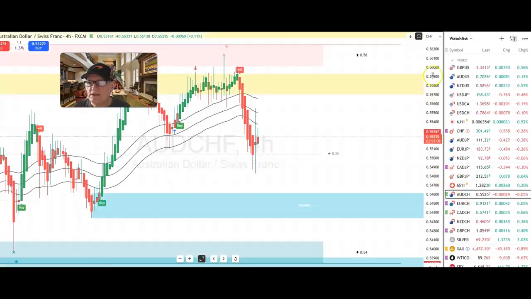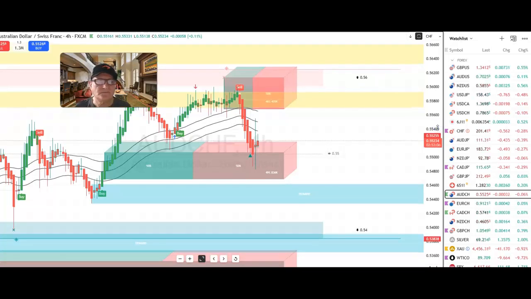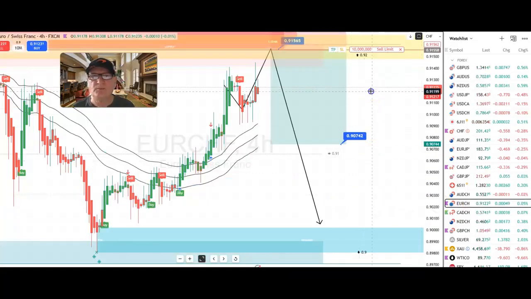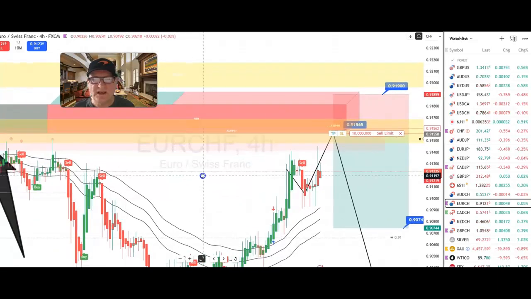Flicking down into these Swiss pairs now. 50-50 is not enough. Now the Euro Swiss is very interesting to me. A couple of points here to be made.